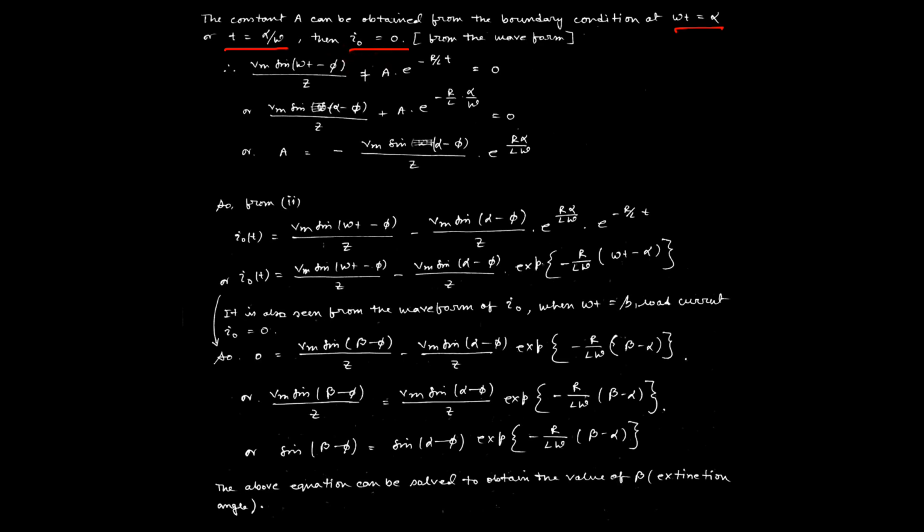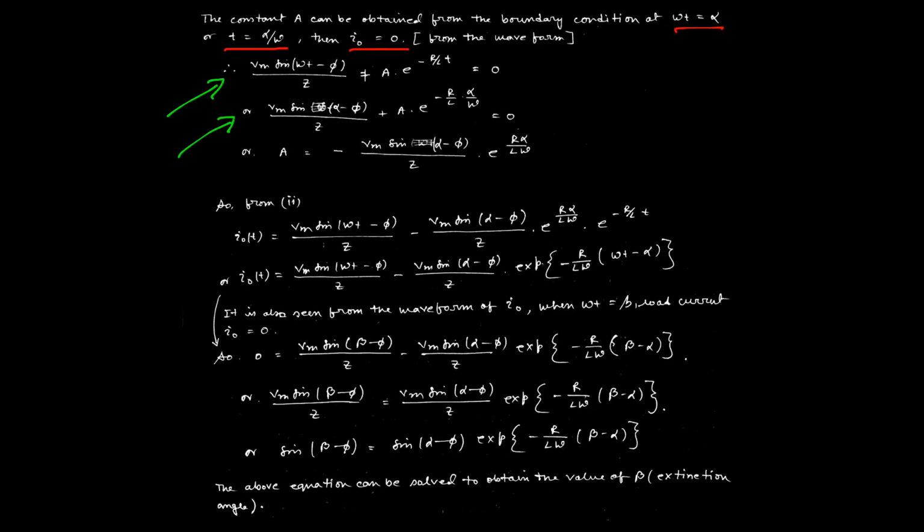So we can write the expression, that is Vm sin (omega t minus alpha) by z plus a into e to the power minus r by l into t, that should be equal to 0, as I0 equal to 0. That is why after simplification we have Vm sin (alpha minus phi) divided by z plus a into e to the power minus r by l into t equal to 0.